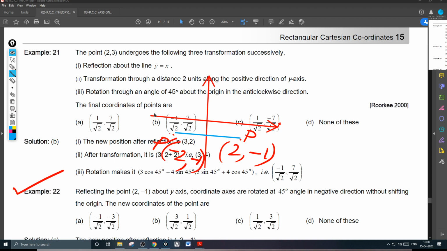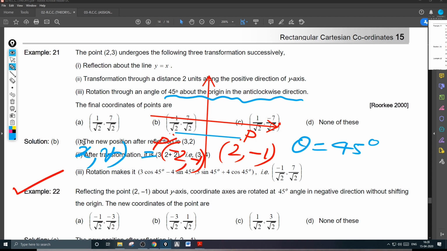Now, the axes are rotated through an angle of 45 degrees about the origin in the anti-clockwise direction, that is the positive direction only. So you take theta as 45 degrees. Take this as small x, small y.